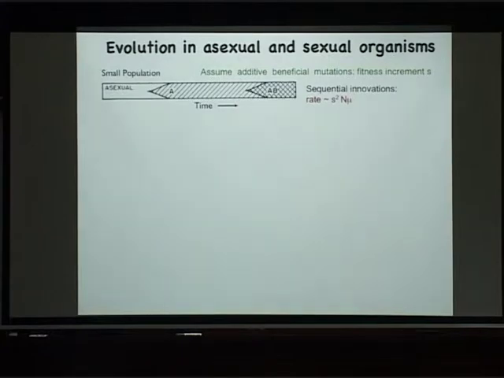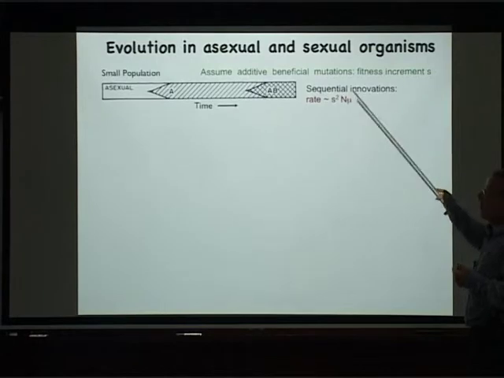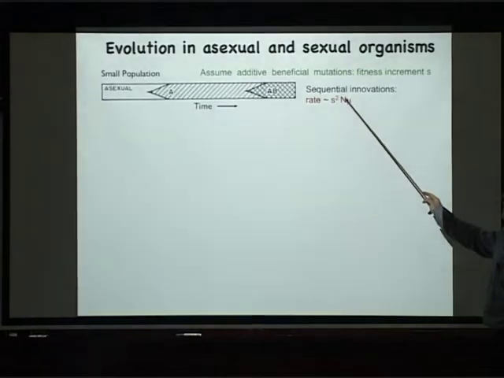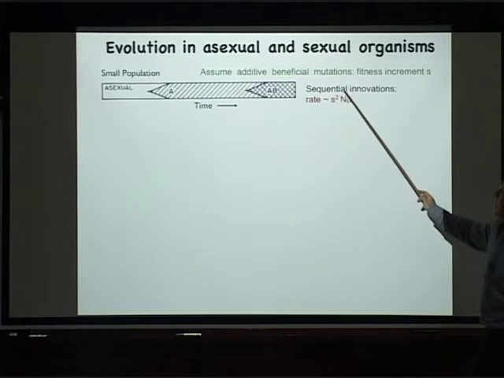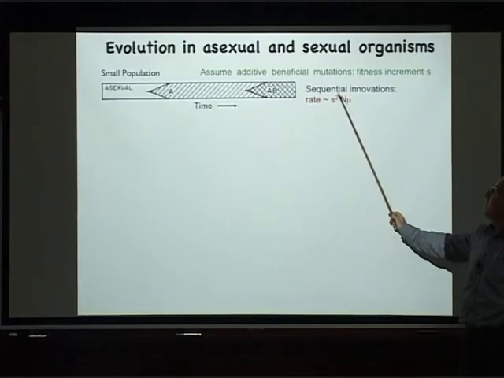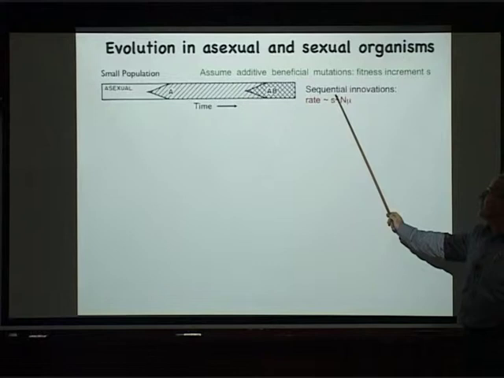And you can ask, what is the rate of increase in the fitness? It's going to be proportional to the rate with which mutations are coming into the population, which is mutation rate times population size. And each event like this is going to bring in a factor of S. Sorry, I should have defined it on the slide.